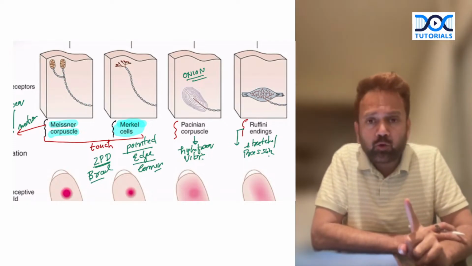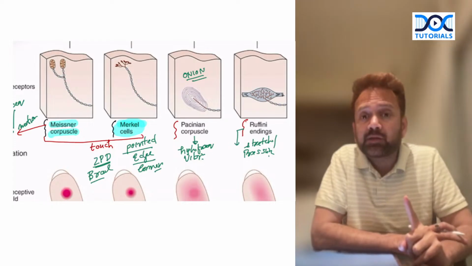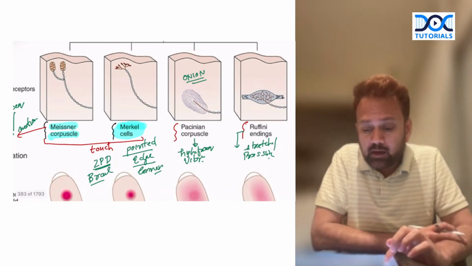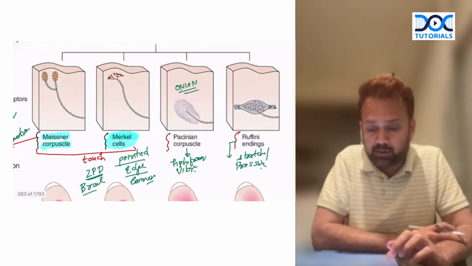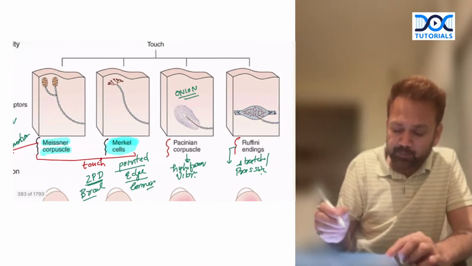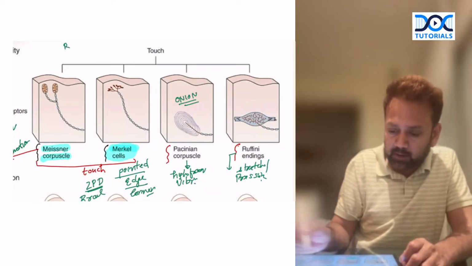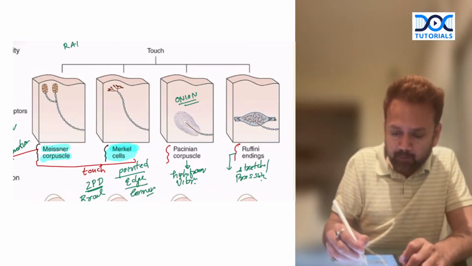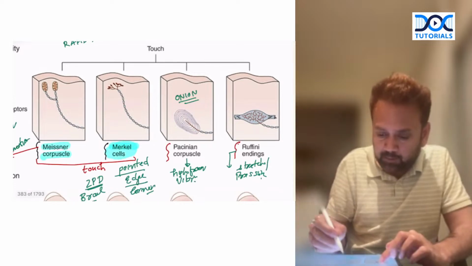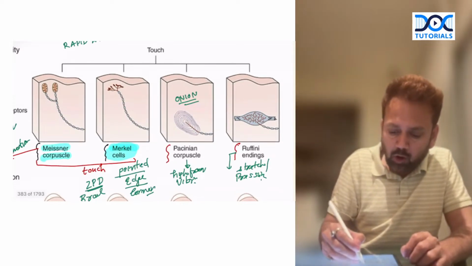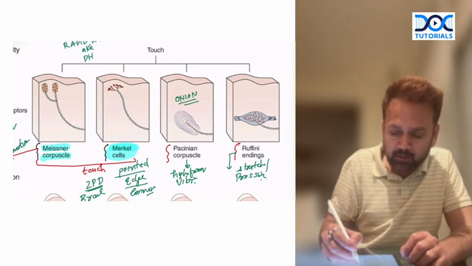One more thing I want to add here. There are two types of receptor. One is called rapid adapting receptor, or simply rapid adapting, which adapts very rapidly. It is also called a phasic receptor.